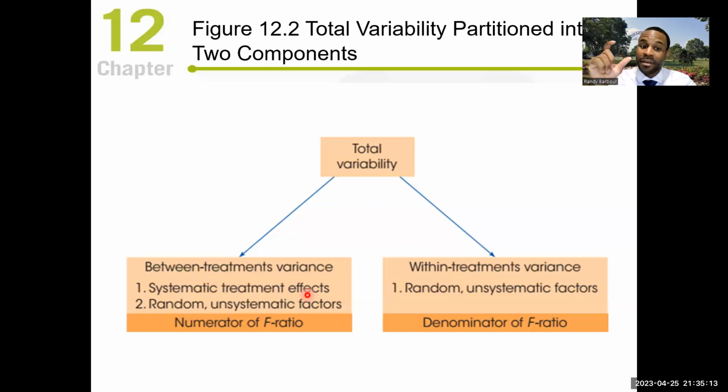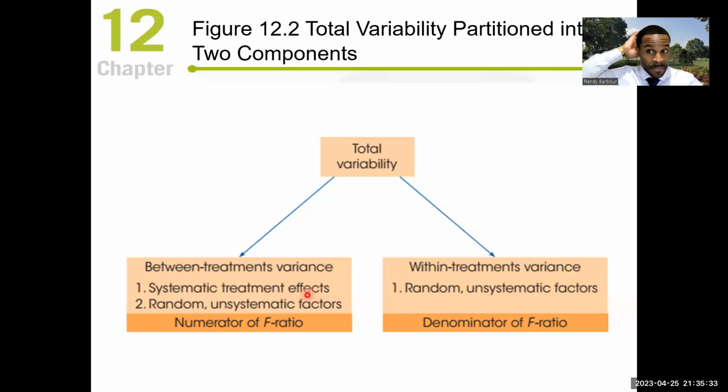The random unsystematic factors, that is the variance. Again, like we talked about, that's just the individual differences. We're all individuals, we're all different. And so we don't have, and we won't have, all the same scores, right?